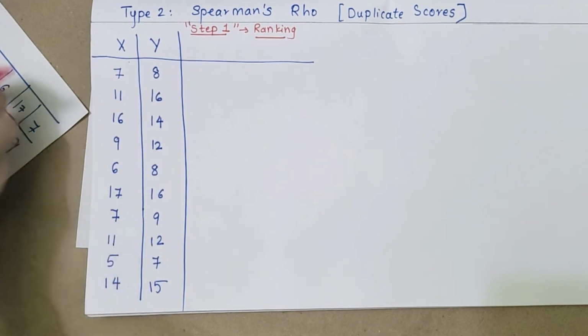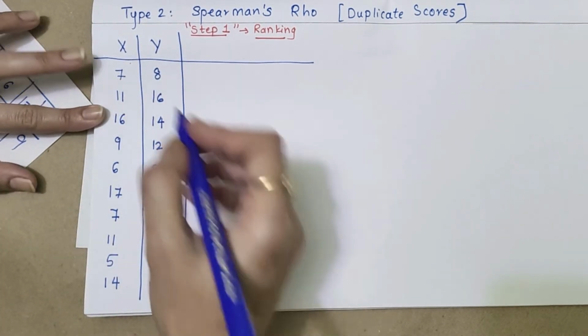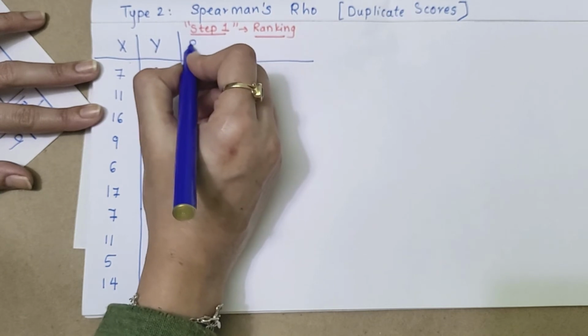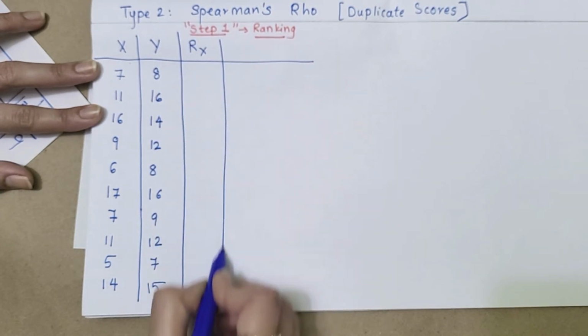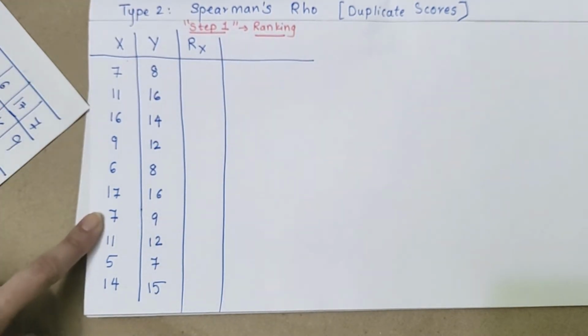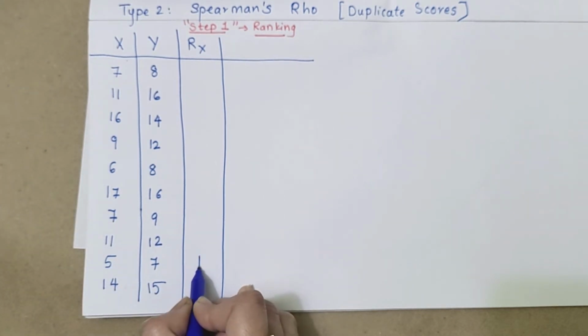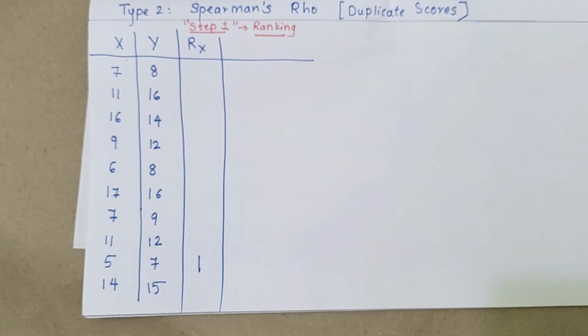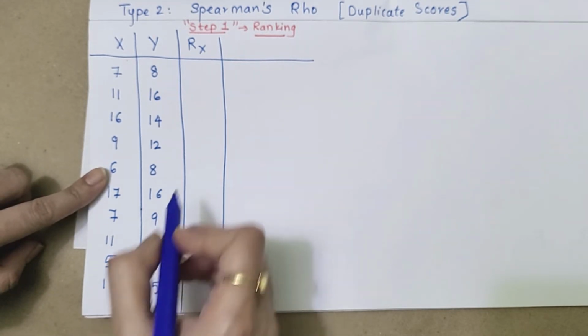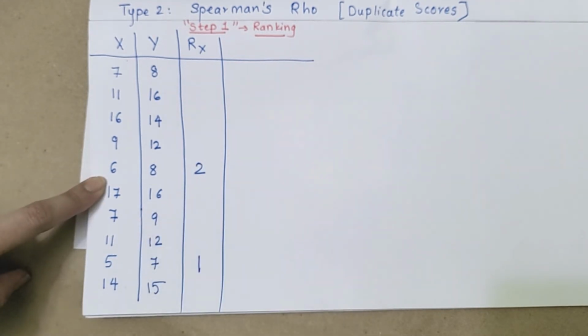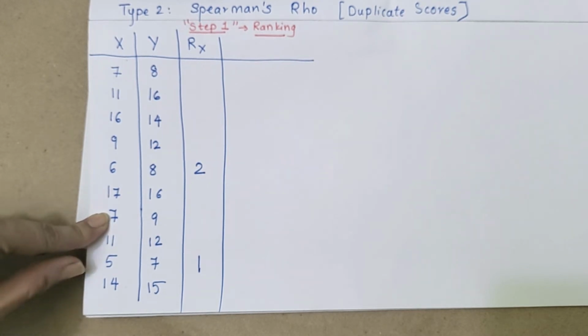Now you see the duplicate ranks are present in X. The 7 is repeating. So what is the first rank? The number 5 is on the first rank, so this goes 1. 6 is given here, it goes on second rank. Now 7 is next.